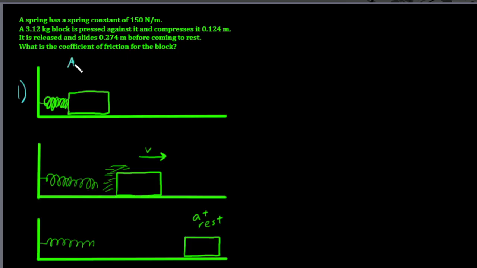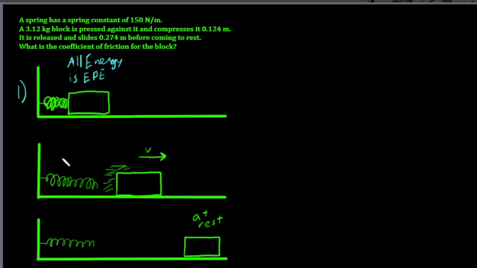So all the energy is EPE. And we actually have k and x, so we can calculate how much elastic potential energy is stored in that spring at this point.